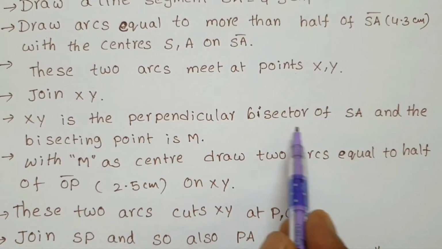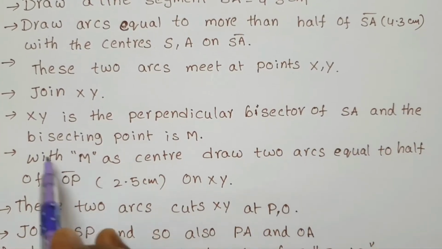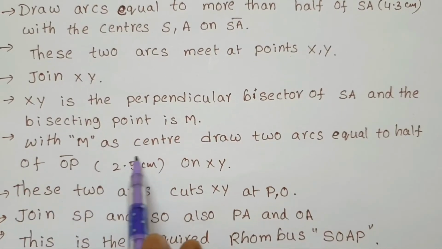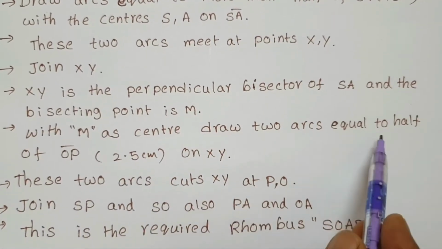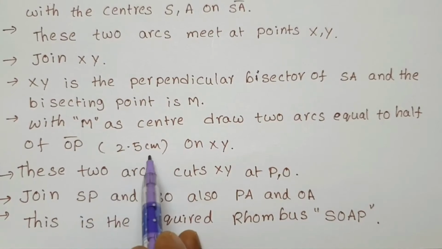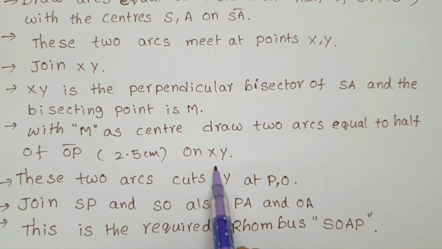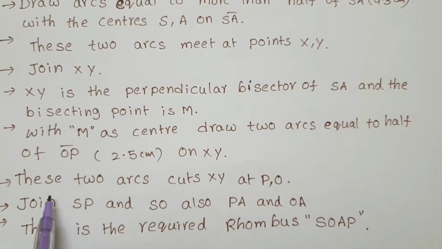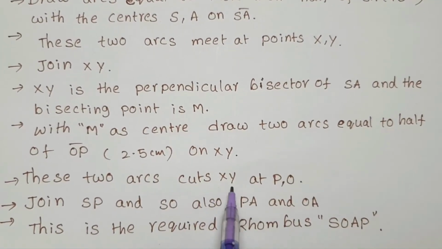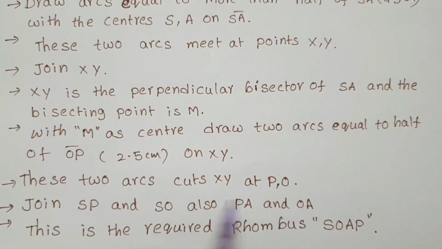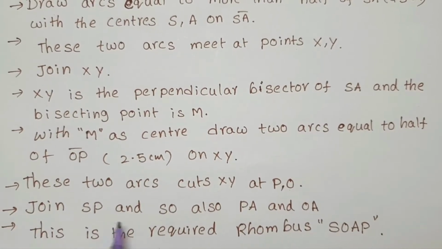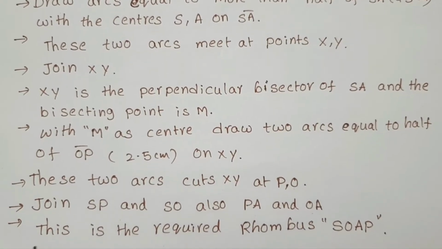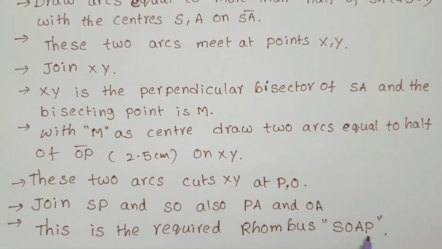XY is the perpendicular bisector of SA, and the bisecting point is M. Next, with M as center, draw two arcs of half of OP, 2.5 centimeters, on XY. These two arcs cut XY at O and P. Next, join SP and SO, and also PA and OA. This is the required rhombus SOAP.